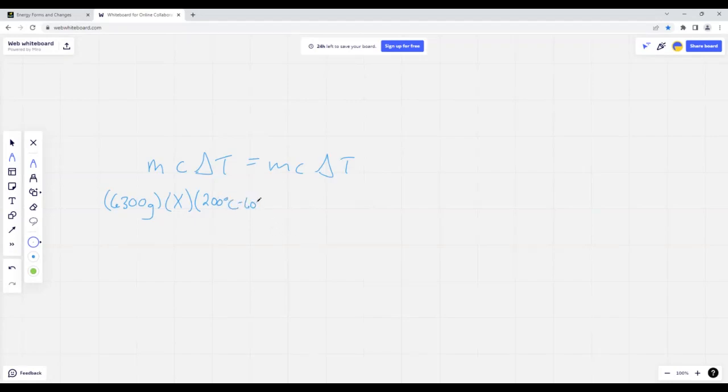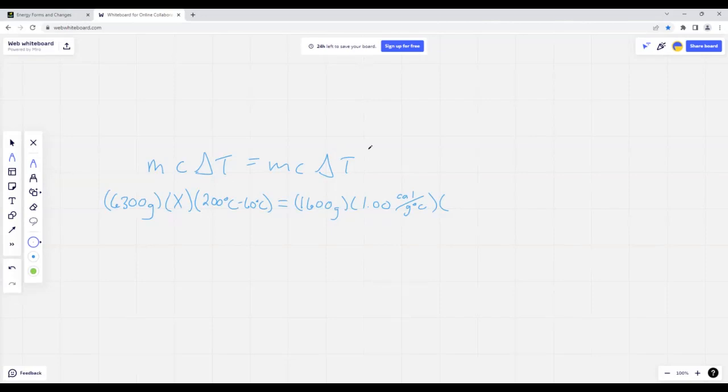And then our best guess for the final temperature is something around 60, so that's the best we can do there. As it turns out, this works reasonably well, so I'm happy with that. From before, we had 1,600 milliliters of water, which remember, because water is nice, is also 1,600 grams of water. And then water is used as a definition of calories, so its specific heat is 1 calorie over grams and degrees Celsius.